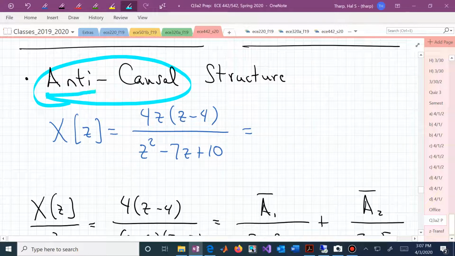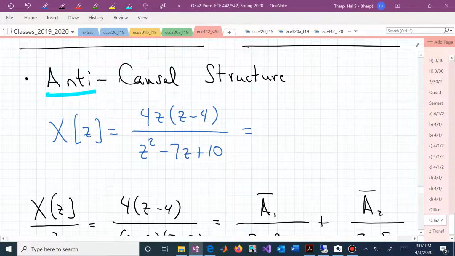When you see anti-causal, or a region of convergence that corresponds to anti-causal, alarm bells need to go off, and you need to be a little more careful with how you interpret the tabular data in these z transform tables. So now let's say we're given capital X of z is 4z times the quantity z minus 4 over z squared minus 7z plus 10. This denominator can be factored.